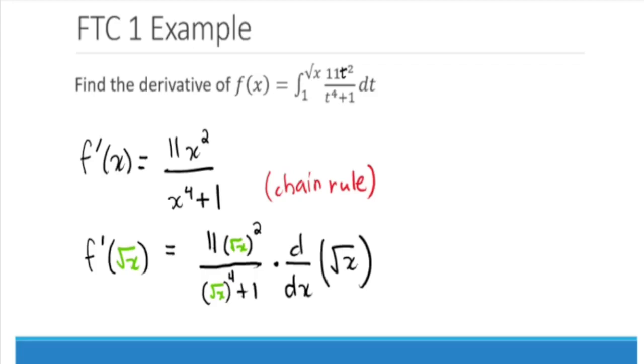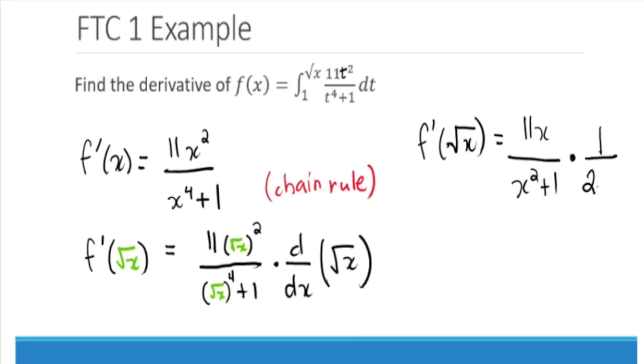Okay, so having done that, we will end up with f prime of square root of x equal to square root of x squared, which is just x, and then square root of x to the 4th will become x squared. Tapos, i-multiply pa natin yan sa derivative ng square root of x, which in turn would be 1 over 2 square root of x.